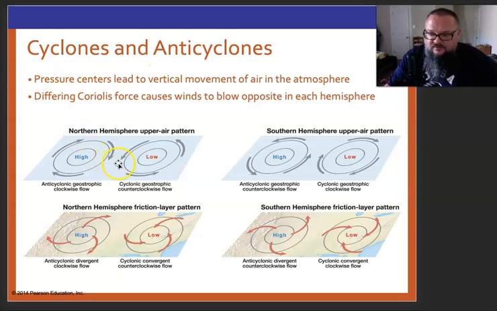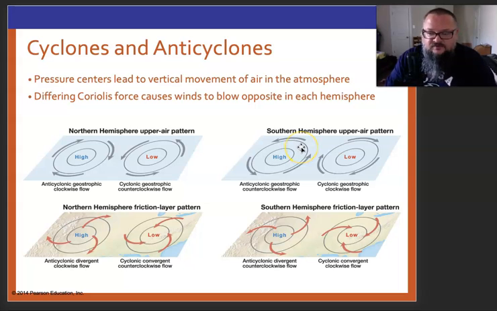In the northern hemisphere, like we mentioned, up aloft where there's little friction and there's geostrophic balance, winds blow around a high pressure system going clockwise and around a low pressure system going counterclockwise. In the southern hemisphere, it's just the opposite of that.